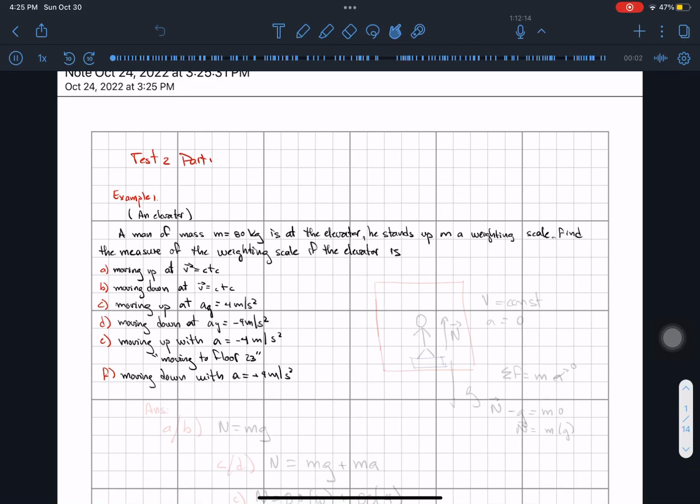Okay, so let's read problem number 1. A man of mass 80 kilos is in the elevator.